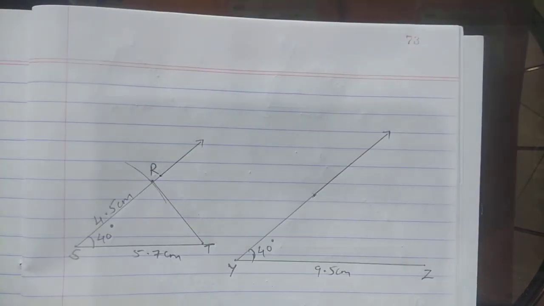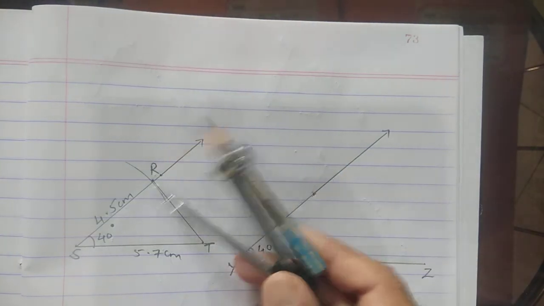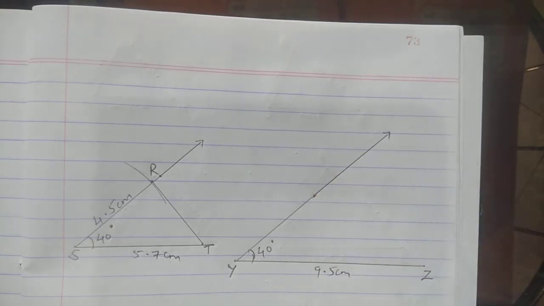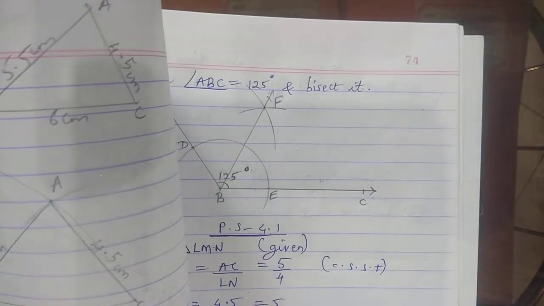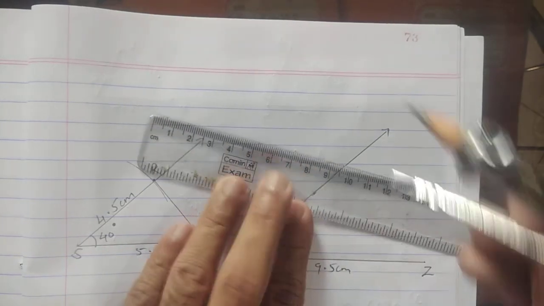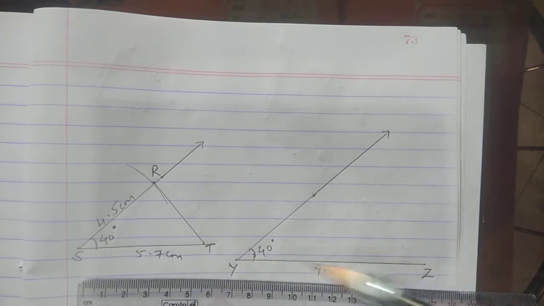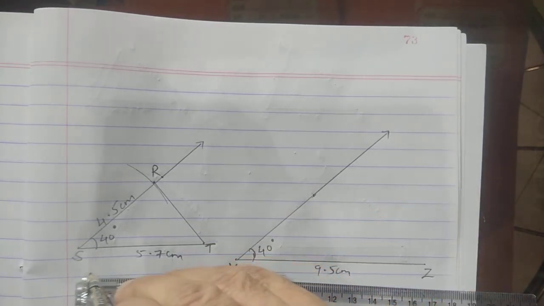Over. Now same way, the corresponding side of RS is what? XY. And how much is XY? 7.5, correct? Right, now I'll just check it. 7.5, XY. So measure 7.5 centimeter with the help of the rounder.